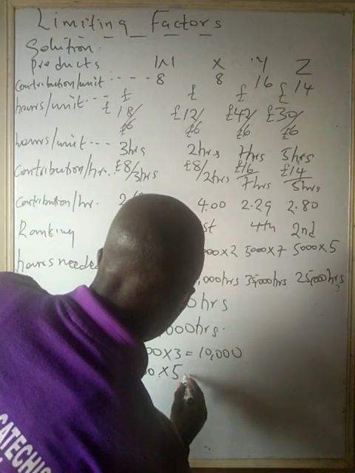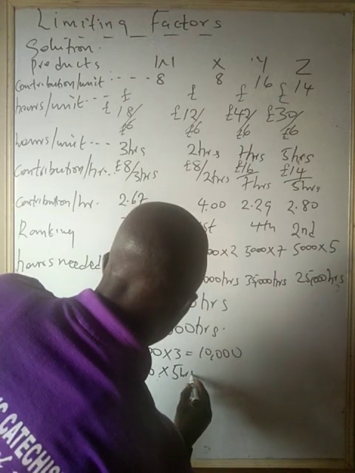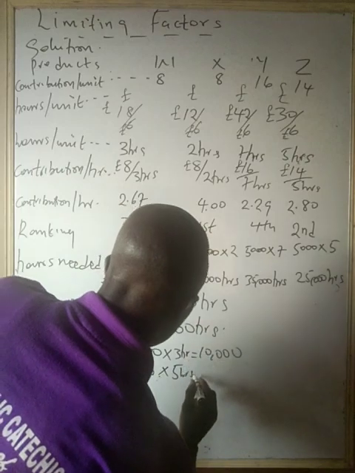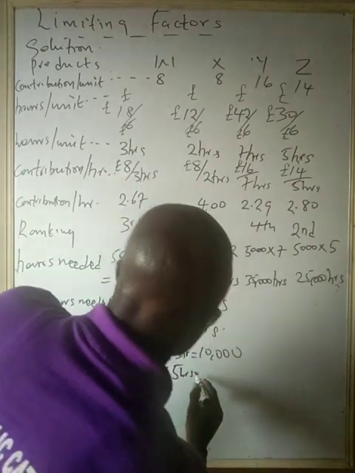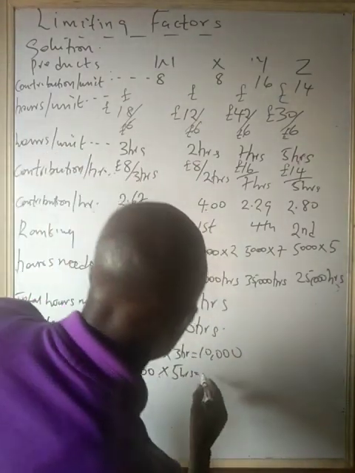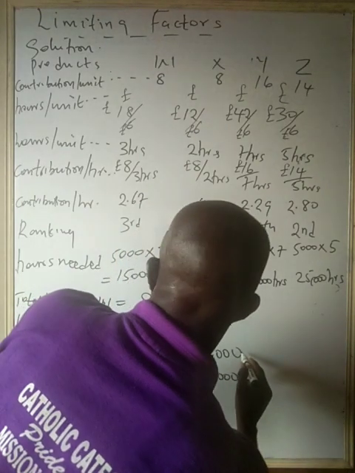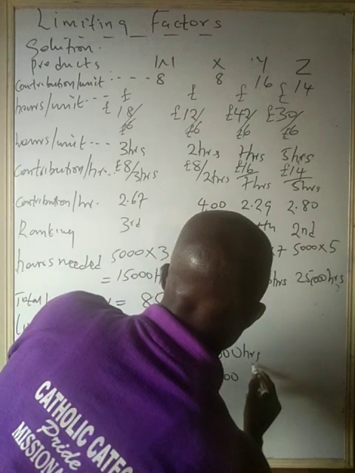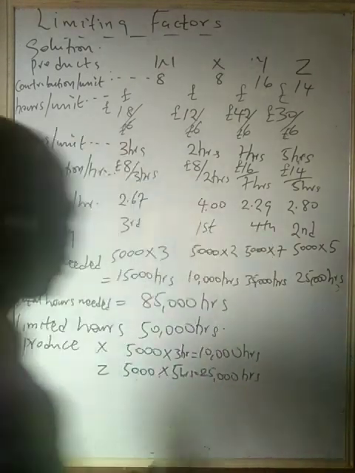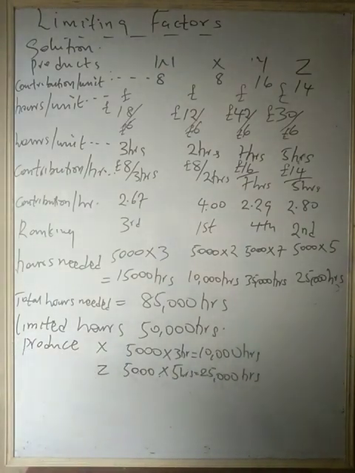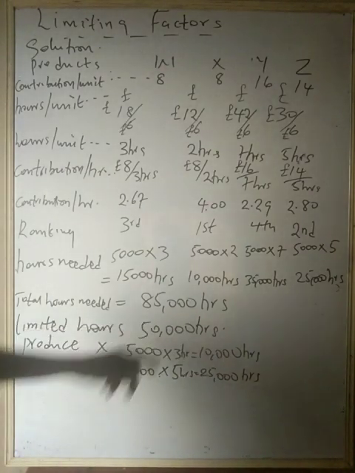That gives us 25,000 hours. 10 plus 25 giving us 35 out of 50.